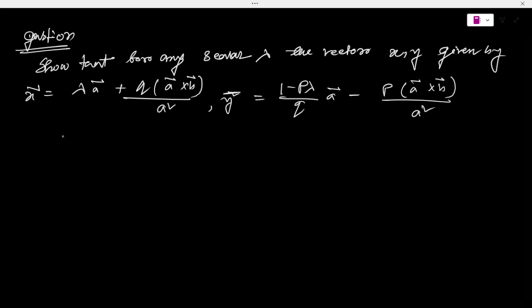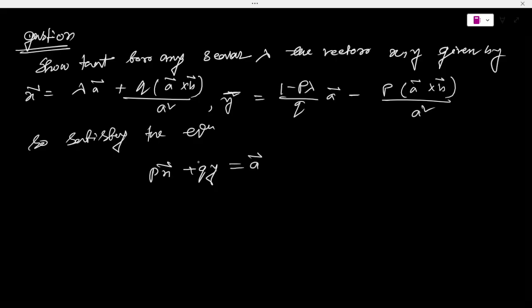So satisfy the equation p of x plus q of y is equal to a vector, okay, and x vector cross of y vector is equal to b.